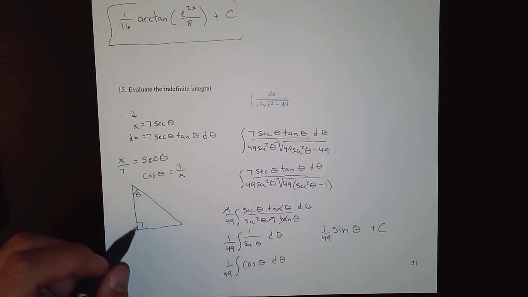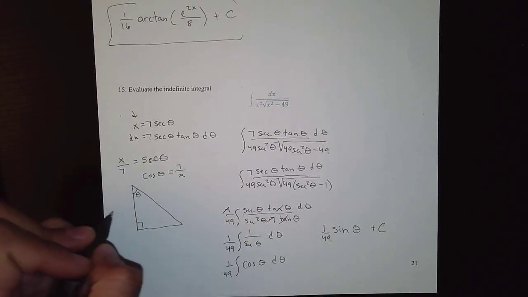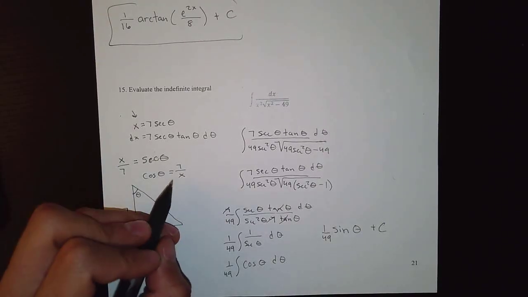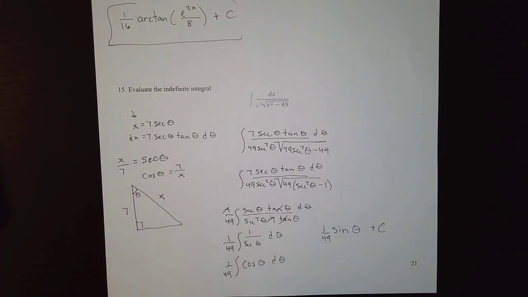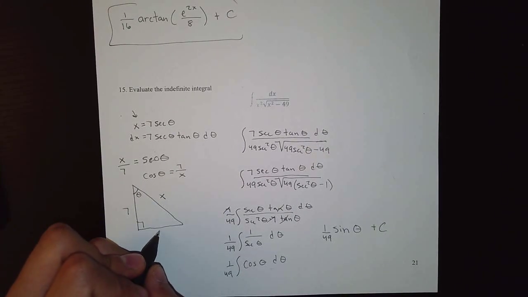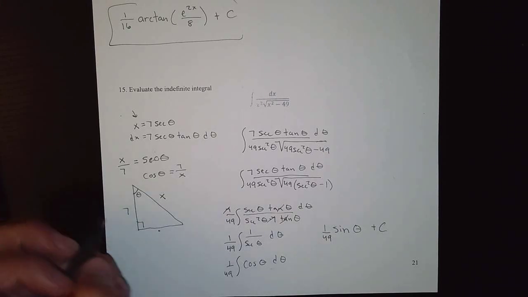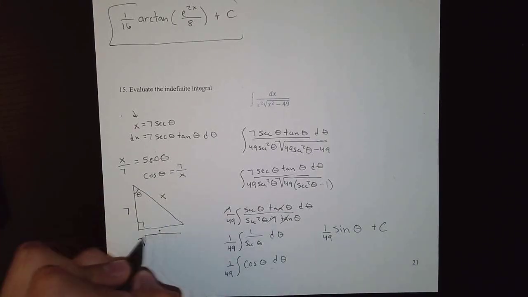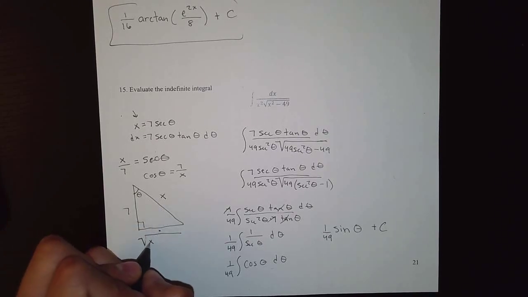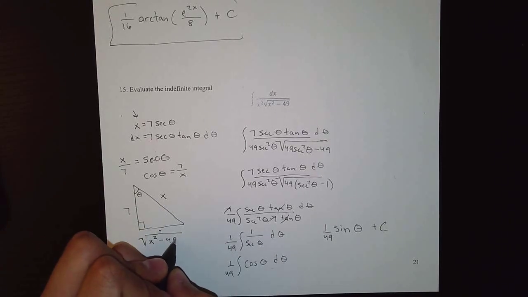And so the adjacent side would be this side, and so this would be 7 over hypotenuse, which is x. And so if we wanted to find this third side, it would have to be the square root of x squared minus 49.